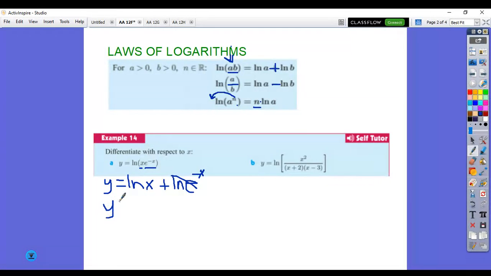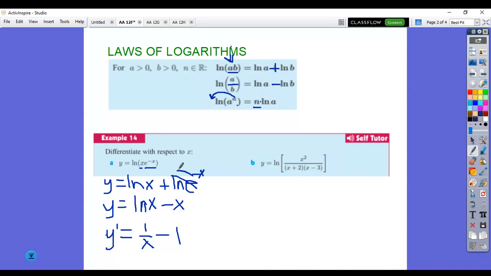So I'm going to rewrite this some more, keeping ln x. And ln e cancels, so I'm just left with minus x. And this is going to be even easier. That's what you get when you're not paying attention. Y prime equals 1 over x minus 1.